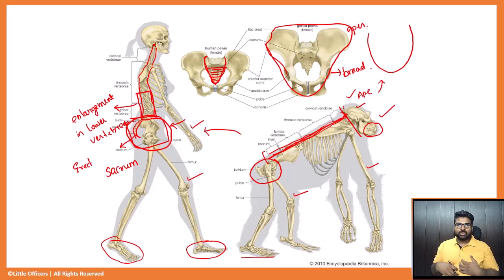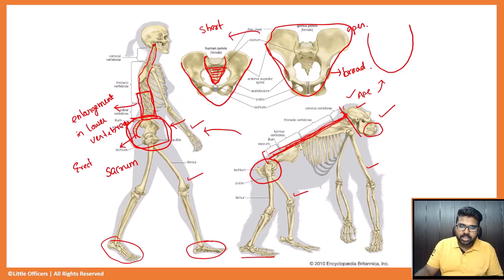But in case of humans, it is erect posture and bipedalism, and the entire body weight has to be on top of this pelvic bone. So if it is big and U-shaped, there is a chance that it may crumble. That's the reason why, first of all, it became short so that it can take more weight. Plus, it also became almost V-shaped. Okay. So this change happened.